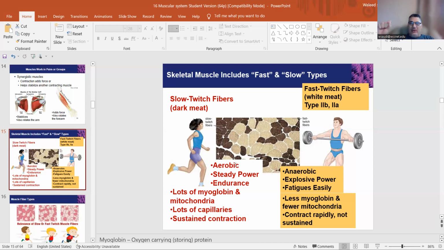We call that aerobic because it's not very fast, it's not intense. So you have the time to breathe and get enough oxygen. The name aerobic comes from air, which means oxygen. So with aerobic, you have enough oxygen to burn your nutrients and give energy to your muscles.